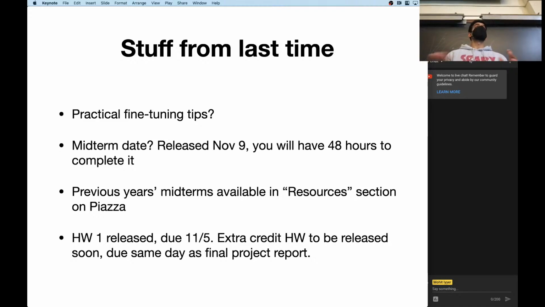If you're confused on whether a particular problem can be asked on this year's exam, feel free to put it in the anonymous form or ask on Piazza. But you should note that the most recent exam, which is the fall 2020 version of this class, I think all of those questions are fair game for this year's midterm.